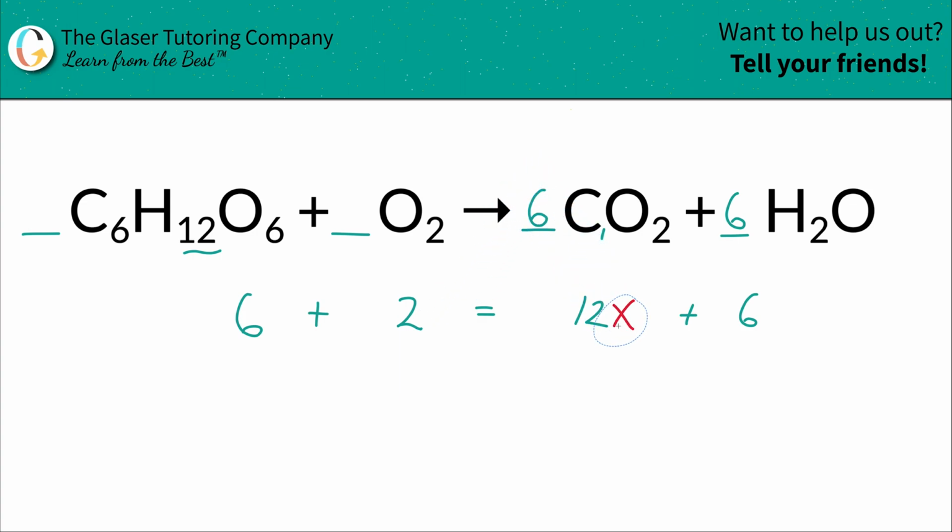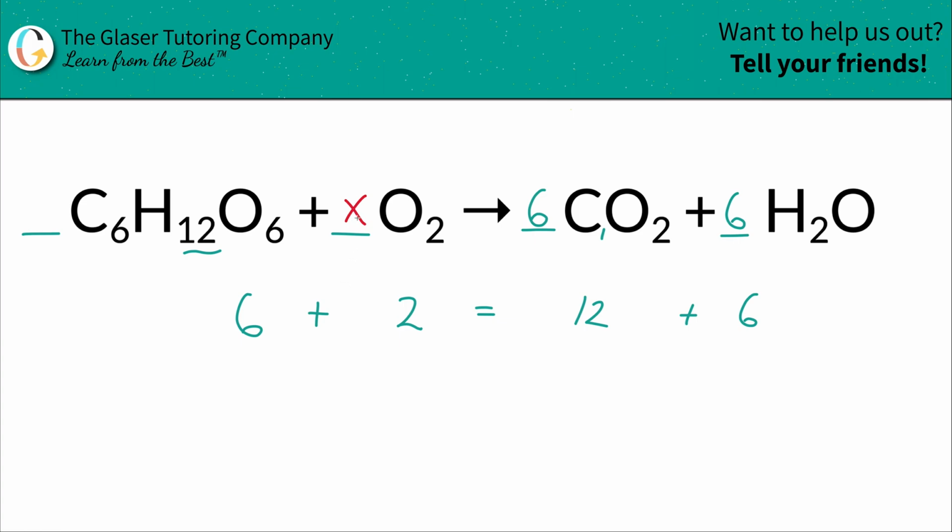Now, is there one place where I can place this x where it will just affect oxygen's value, just oxygen? What do you think? Did you say here? I think you did. That would be the right place.